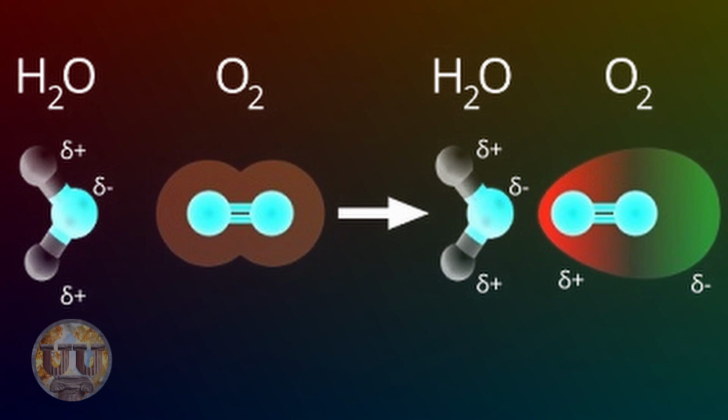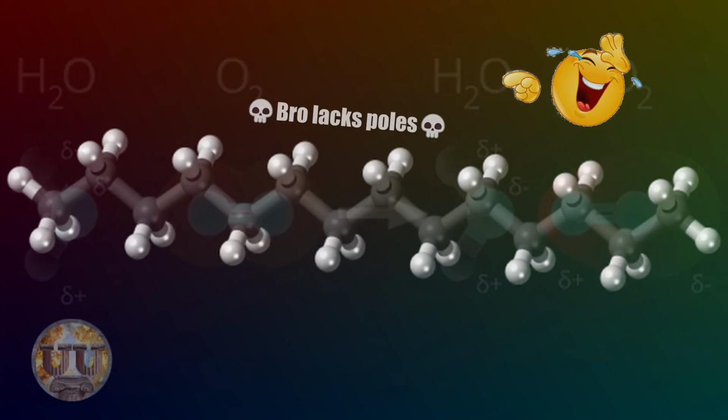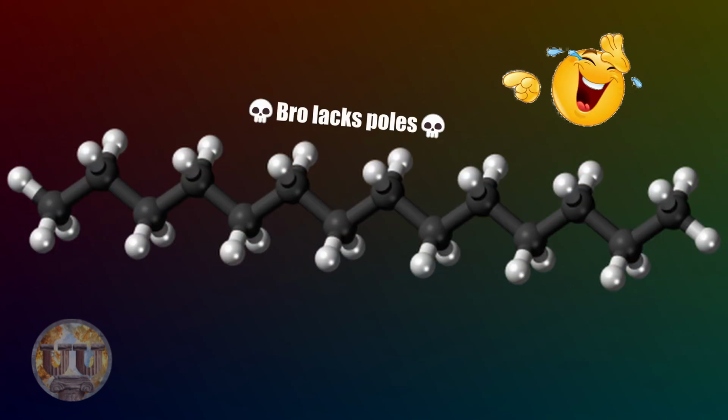So you have 2 systems: polar molecules and non-polar molecules. A molecule is non-polar if the bonds within it have atoms of close enough electronegativity to not have those extreme pulls in one direction. For example, carbon has an electronegativity value of 2.55, while hydrogen has a value of 2.20.